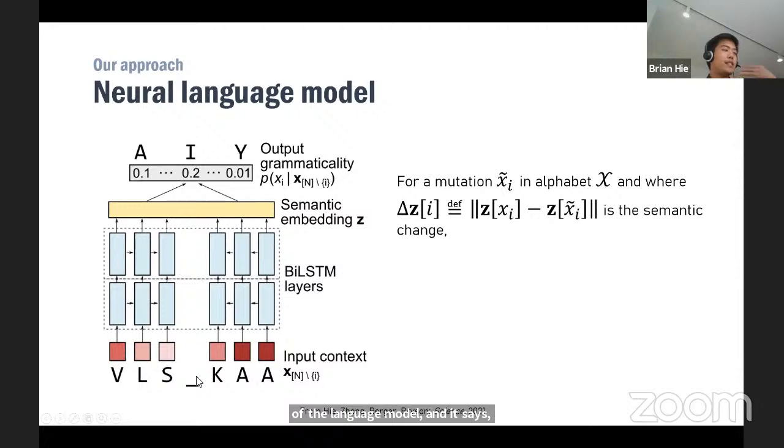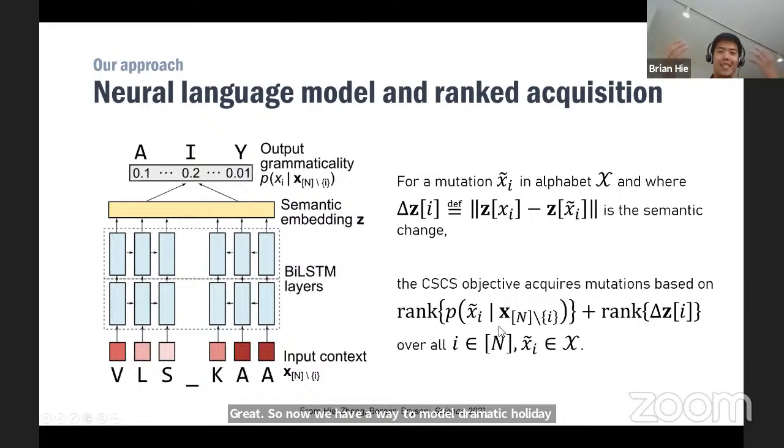Sequences that are closer in this semantic embedding space, say via the Euclidean distance, are also more semantically similar. And as that distance increases, the semantic dissimilarity between those two sequences also increases. Great, so now we have a way to model grammaticality and semantic change.